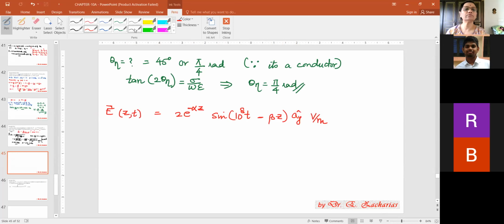Okay, now what do we do? I need the direction. So AE cap cross AH cap equal to AK cap. So I have my AE cap, that is AY cap, cross AH cap equal to AK cap. AK cap is along the positive Z. Okay, so now tell me what is my AH cap? AH cap will be minus AX cap.